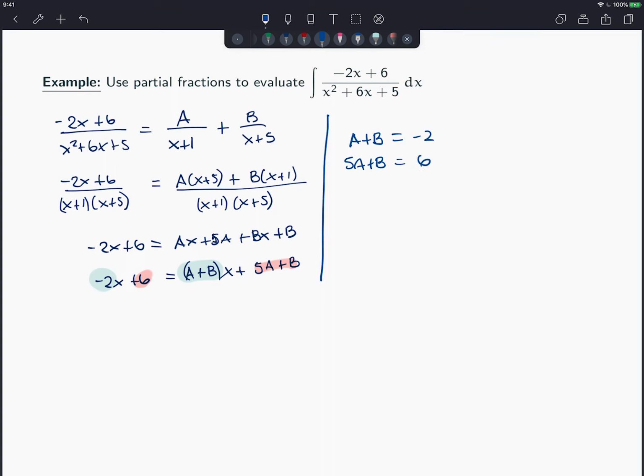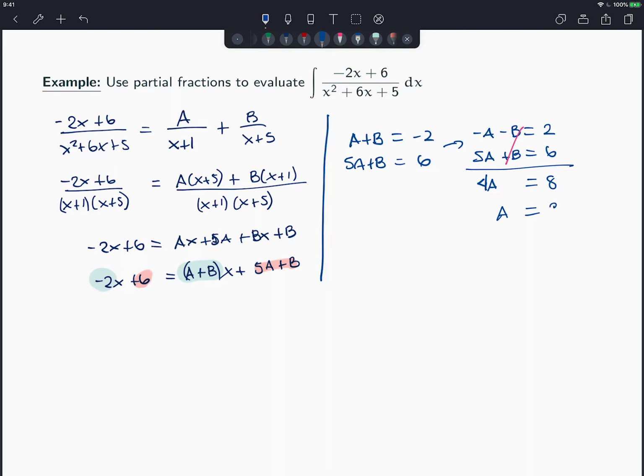So I need to figure out a way to solve this system. Since I have b by itself on both equations, I can multiply the first one by negative 1. So I get negative a minus b equals positive 2. If I add that equation to the second one, the b's cancel, and I get 4a equals 8, which gives me that a is 2.